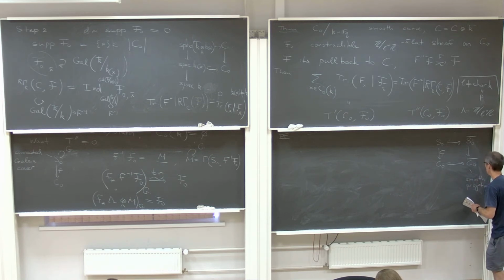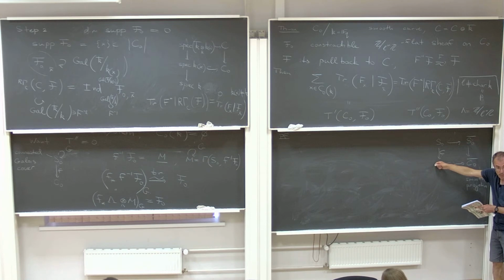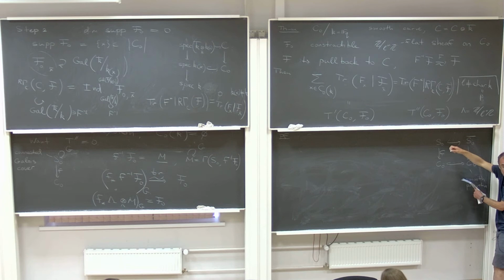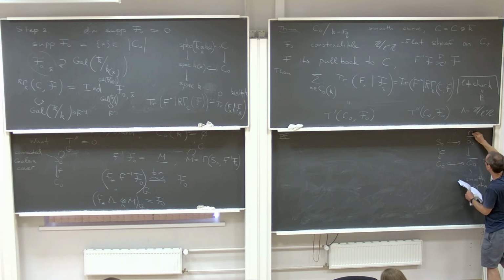This map need no longer be a Galois cover, right? It could be ramified away from this C0. Okay? But still, because this curve is constructed functorially, as a normalization, you have an action of G here.